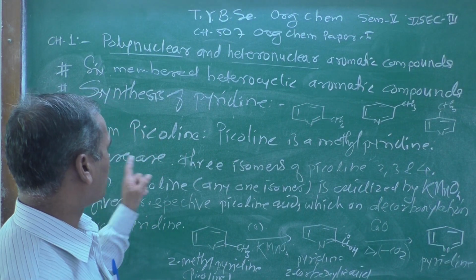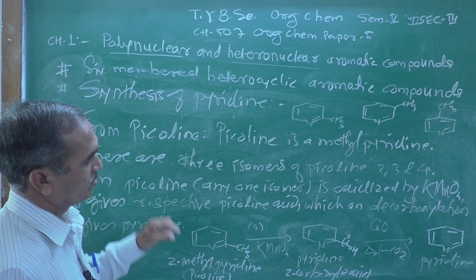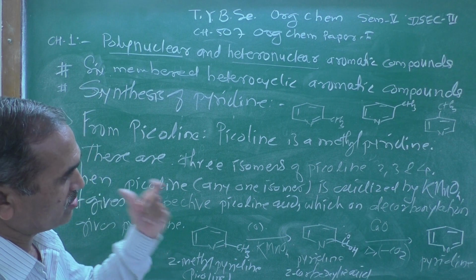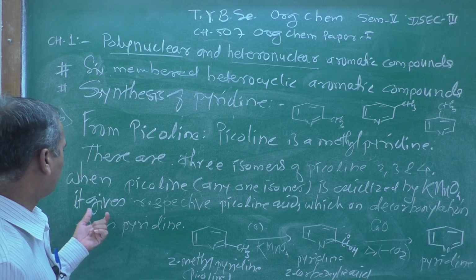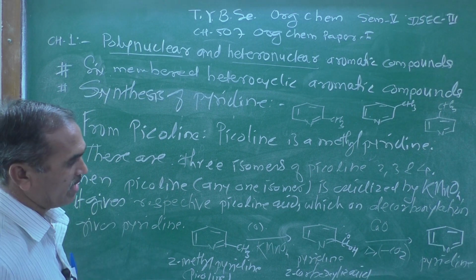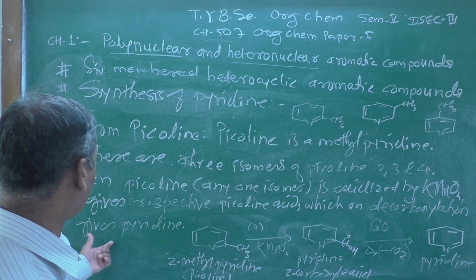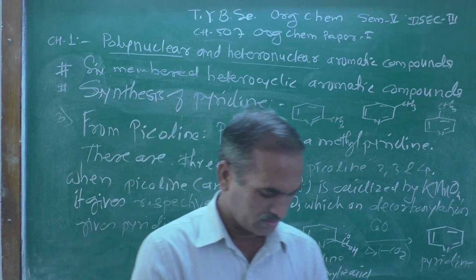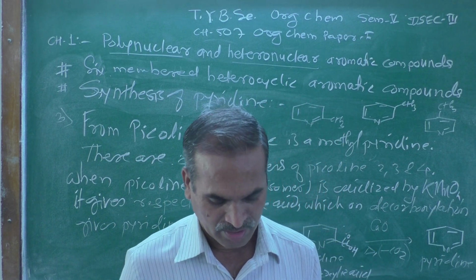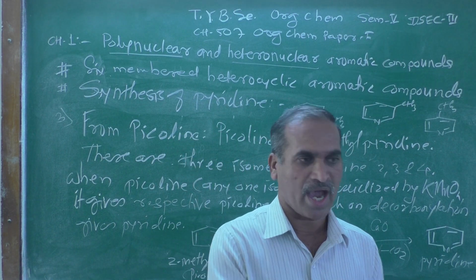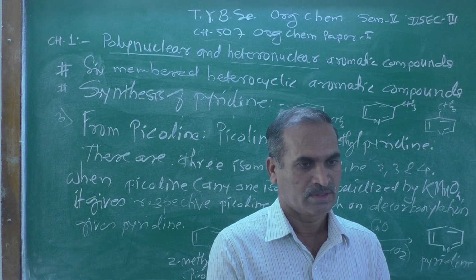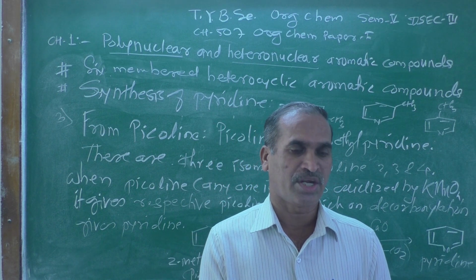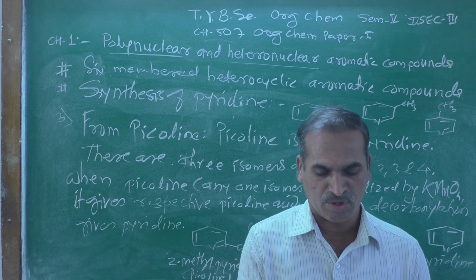When any one isomer of picoline is oxidized by potassium permanganate, it gives the respective picolinic acid, which on decarboxylation gives the desired product, which is pyridine. So in this way we have learned 3 different methods for the synthesis of pyridine.